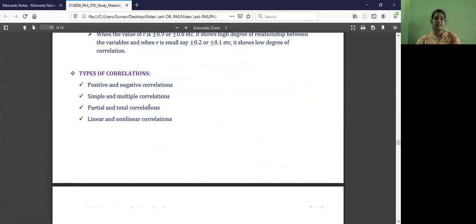So next is the types of correlation. These four types are very important. First one is positive and negative correlation. Second one is simple and multiple correlation. Third one is partial and total correlation. And the fourth is linear and non-linear correlation.